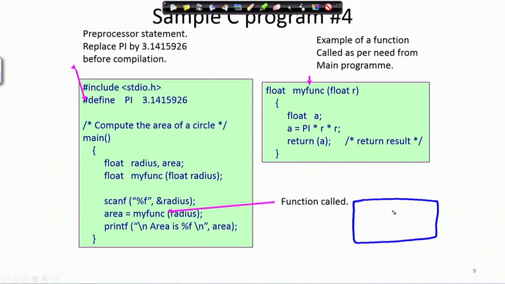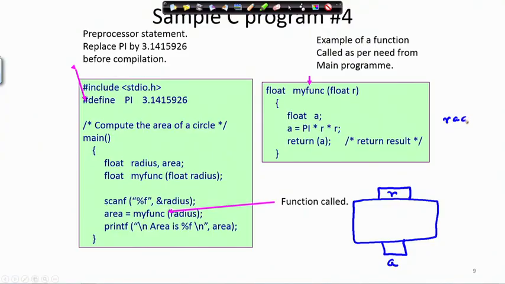Let me clarify it once again. Say here there is a function and this function accepts R and produces A. As I said, it can be reused. From my program I am using it with the variable radius, and it is connected here.